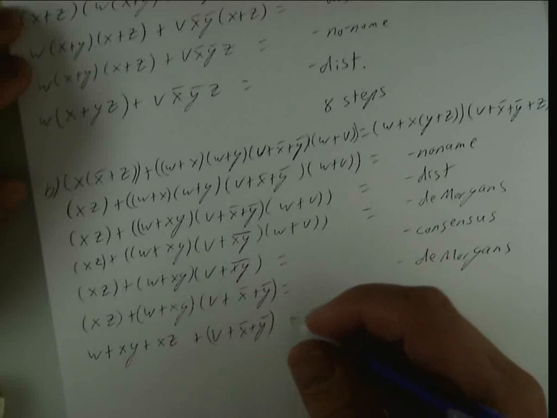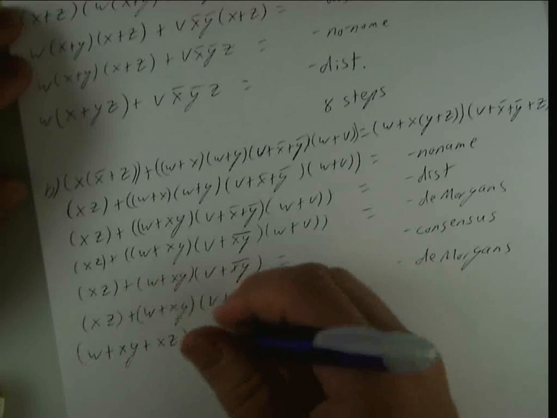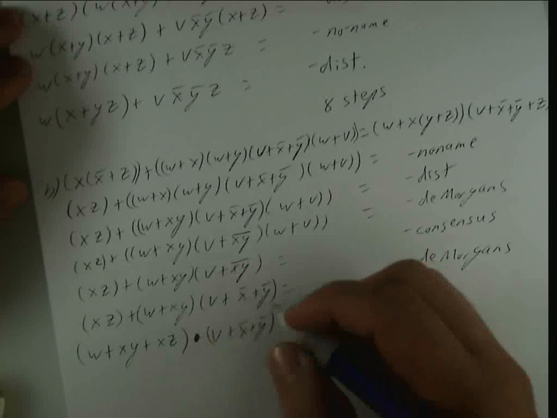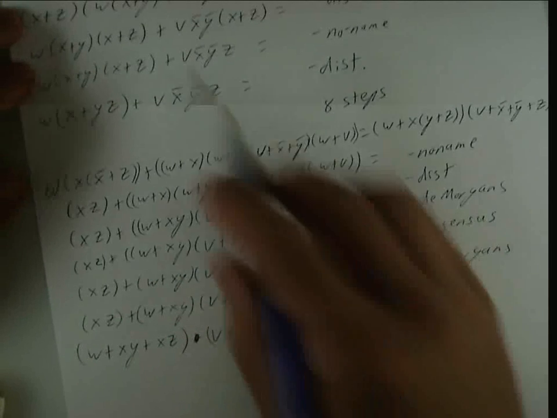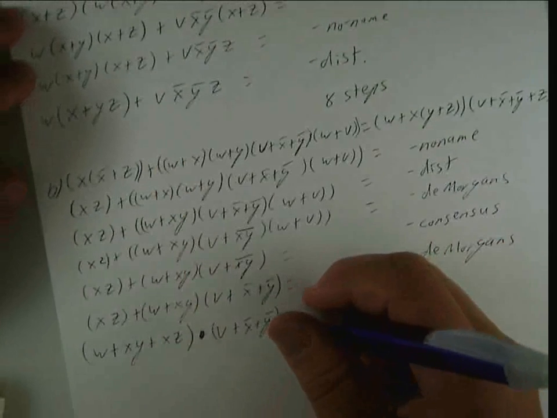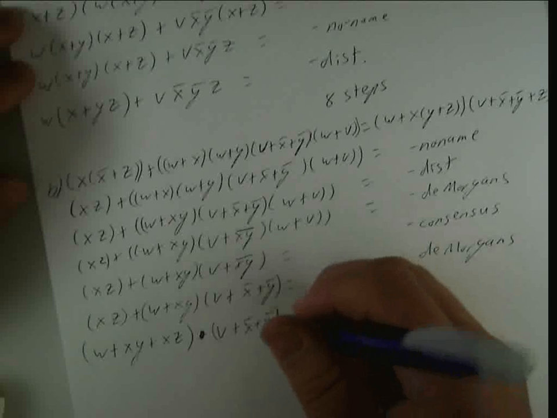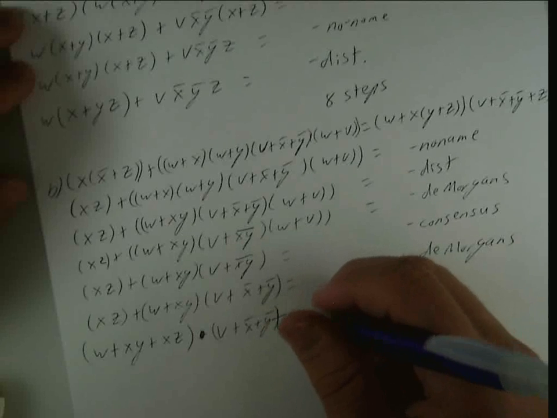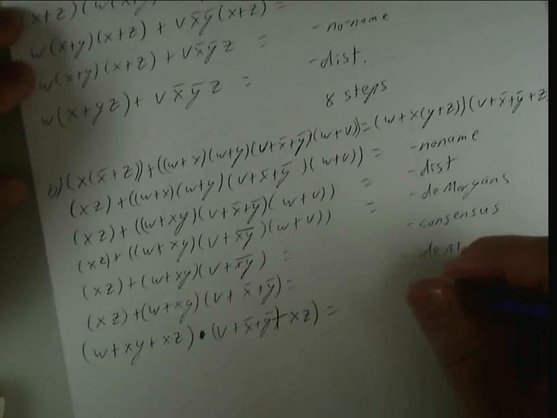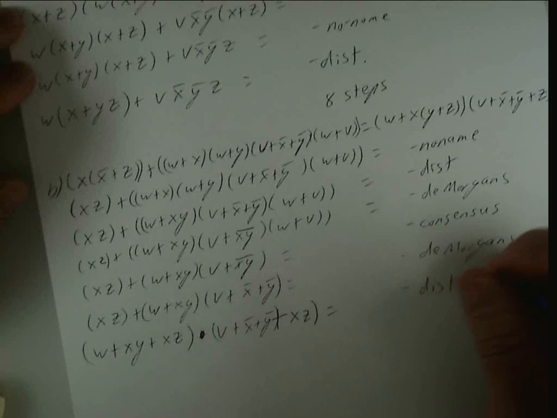Oh, wait a second. Yeah, these should be ANDed together, and there should be a dot. Good thing I'm paying attention. And so then this should be ORed with xz. So this is our distribution.